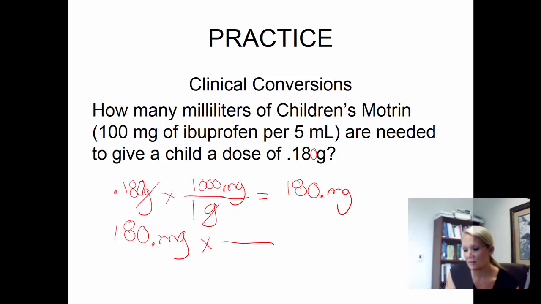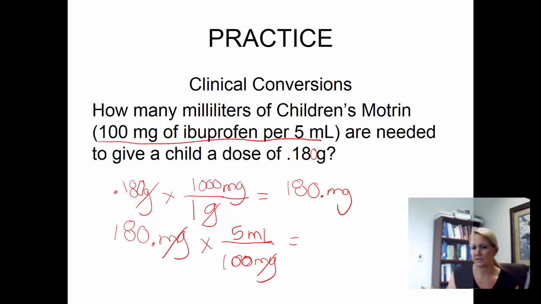So I should have shown that there. Grams cancel, you have milligrams. Then I do the same thing: here I have 100 milligrams in a 5 milliliter dosage, so my milligrams cancel. All I'm doing here is plugging this in for my conversion factor.